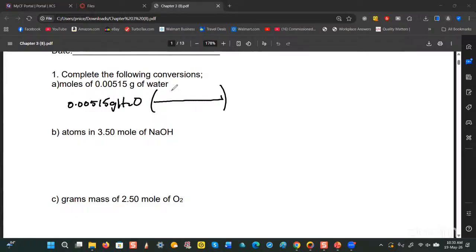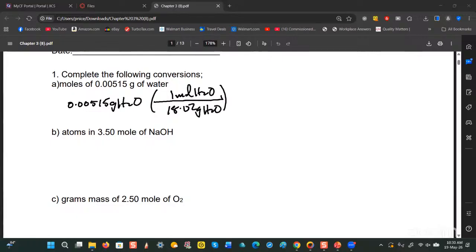Water. 1 mole of H2O. And what should go below? Well, specifically, the molar mass of water. So what you have to do is go to the periodic table and you look up the molar masses of hydrogen and oxygen. And if you do that, you're going to end up with the molar mass being 18.02 grams of H2O.